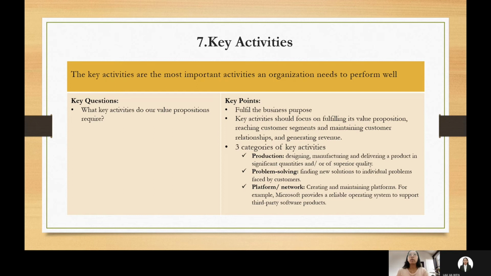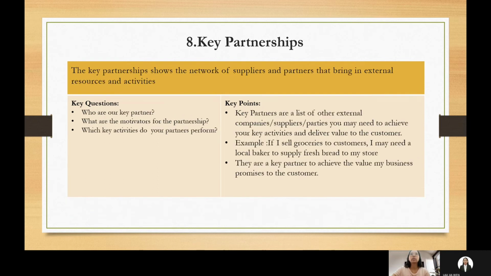Thirdly is the platform or network, which is creating and maintaining a platform. For example, Microsoft provides a reliable operating system to support third-party software products. The question that can be asked is, what key activities do our value proposition require?